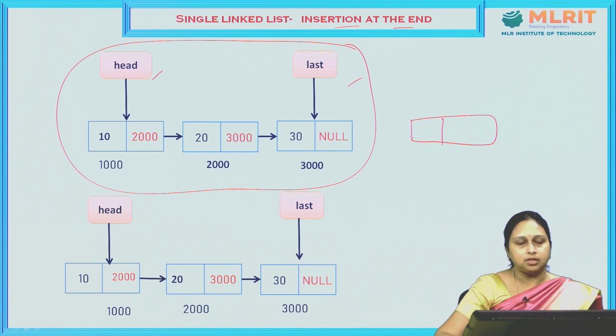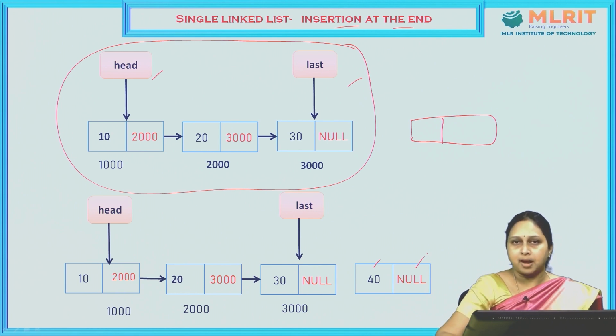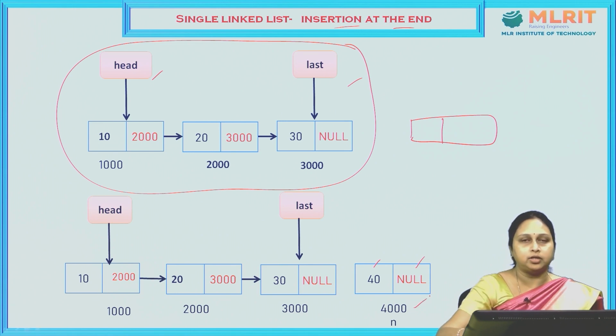Again, the same thing. We are going to allocate the memory dynamically by using the malloc function and inserting the data value as 40 and address part as null. And the name of this node is n and the address which we are going to assume is 4000. Now, this is the last node.